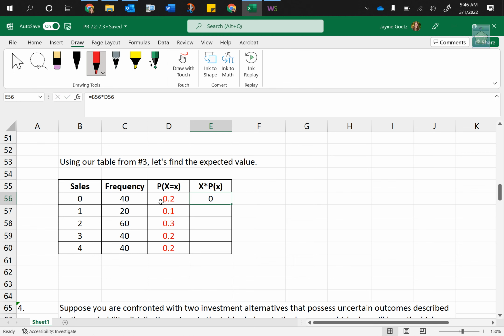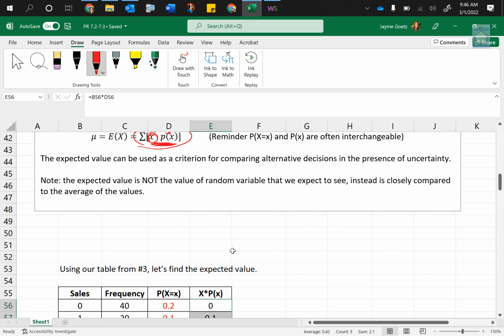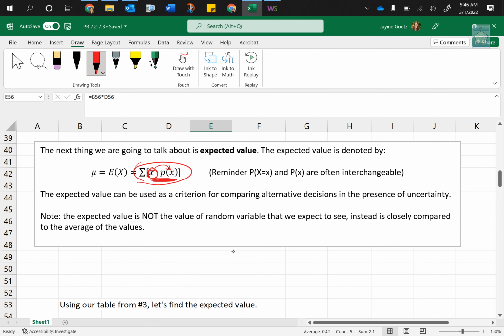So once I hit equals, we know it should be 0. I want to hover over the green box until my mouse becomes a plus sign, and I want to drag it down and fill it in. So what that's done is taken care of this column right here. We've found each value times its probability.